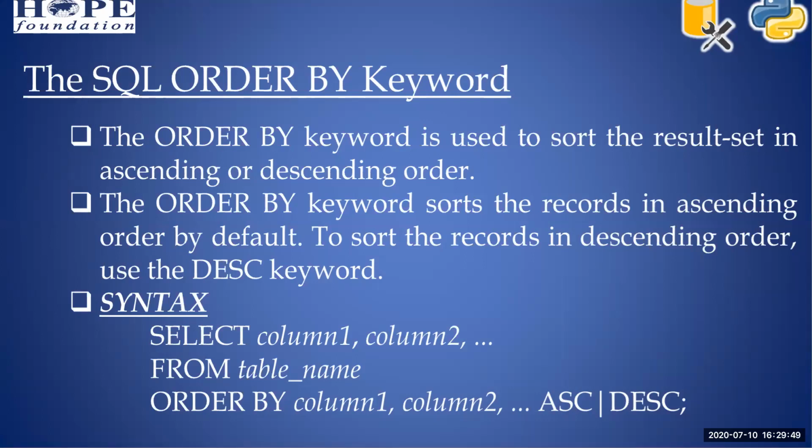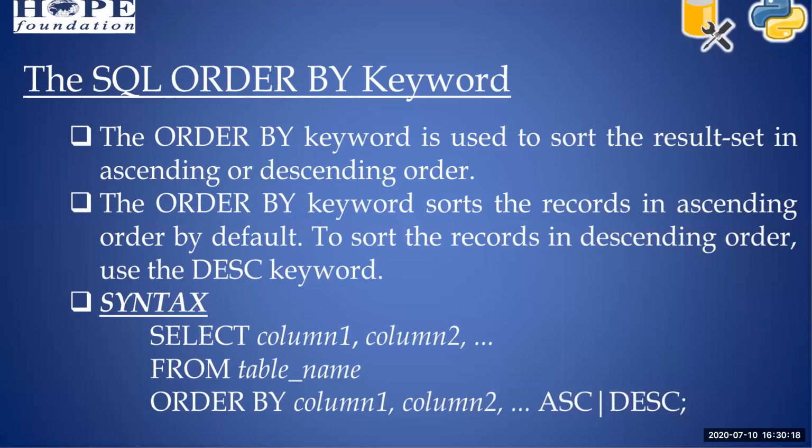If we want to print in descending order, we have to mention that. To sort the records in descending order, use the DESC keyword. The syntax is simple. You add your ORDER BY clause at the end of your query.